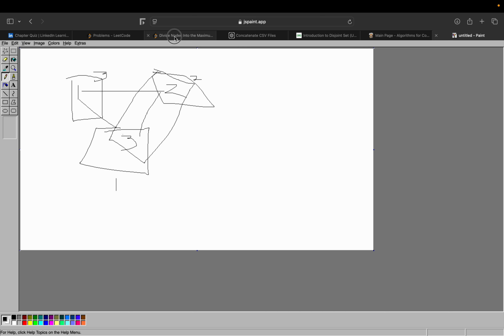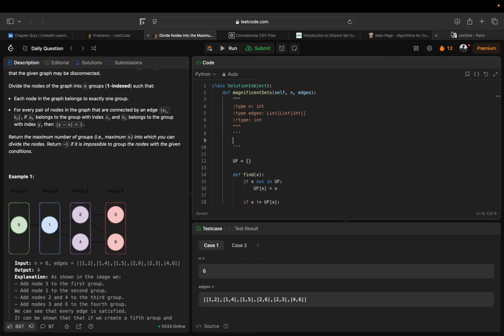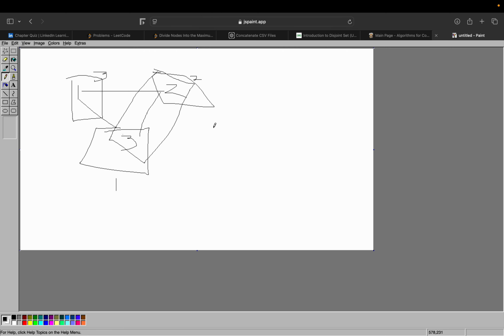So the first observation is, if it is a cycle, right? Let's take a second example, 3, 4 and 5, connected like this, and let's say we make one group. We cannot make 1 and 2 a single group because these two are connected, so the difference between the groups will be 1.